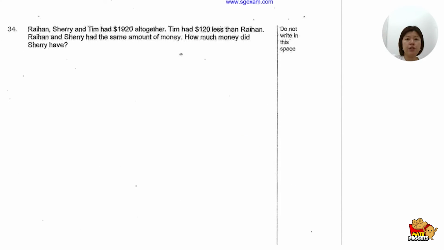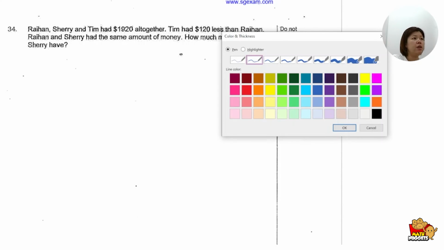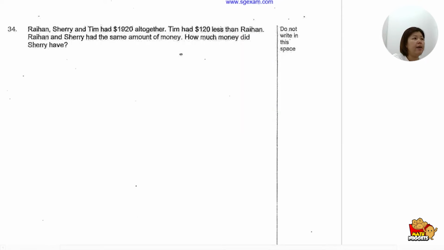Okay, next question. Raihan, Sherry and Tim had $1,920 altogether. Tim had 120 less than Raihan, and Raihan and Sherry had the same amount of money. So I can draw my model, which is Tim is 120 lesser, so means Tim is shorter.